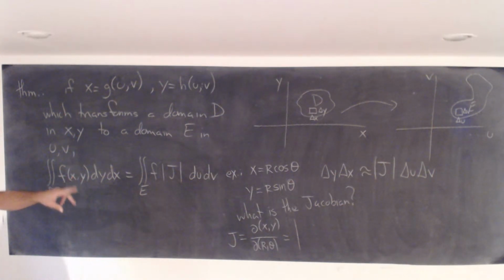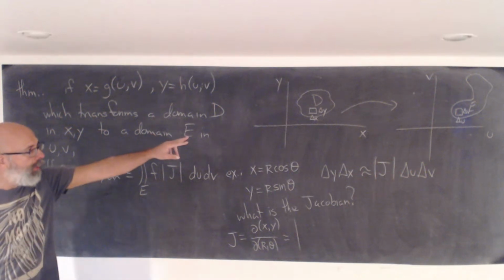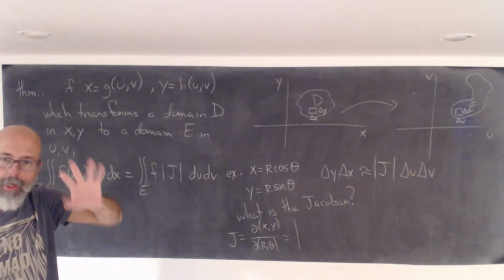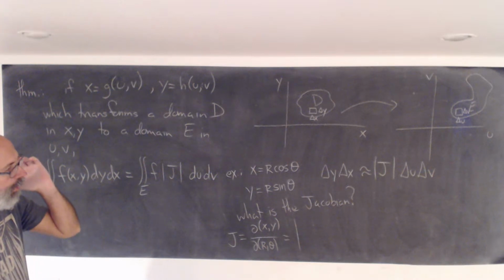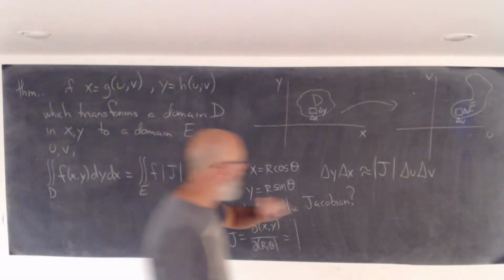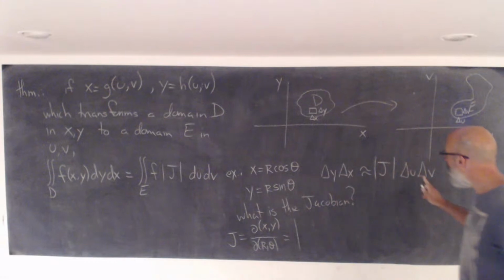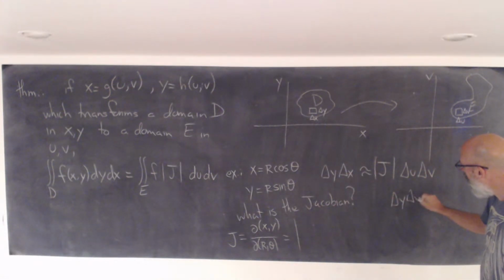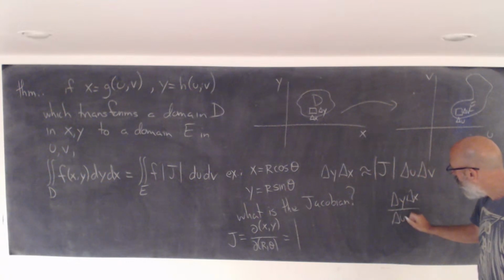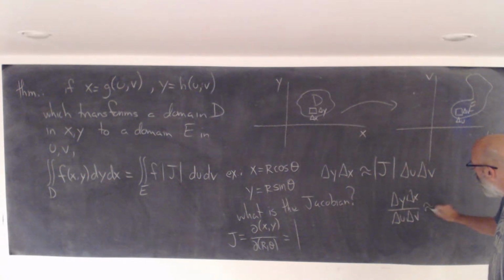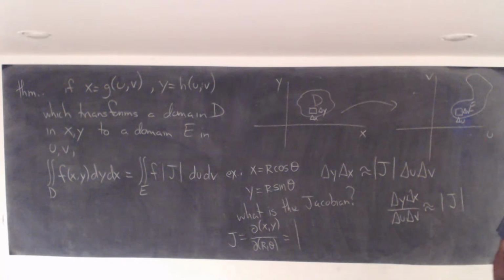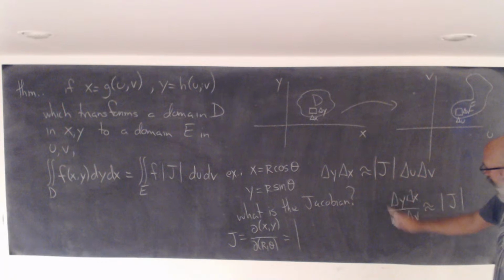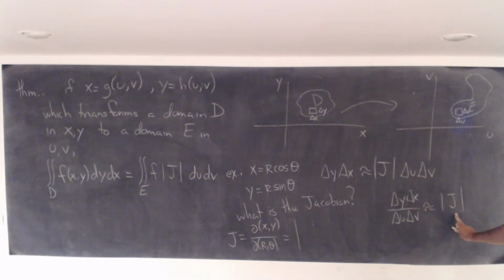As delta x and delta y get smaller and smaller, the approximation becomes, well, in fact, let's say this: the ratio dy dx over du dv is approximately equal, and as delta x, delta y gets smaller and smaller, this becomes equal.